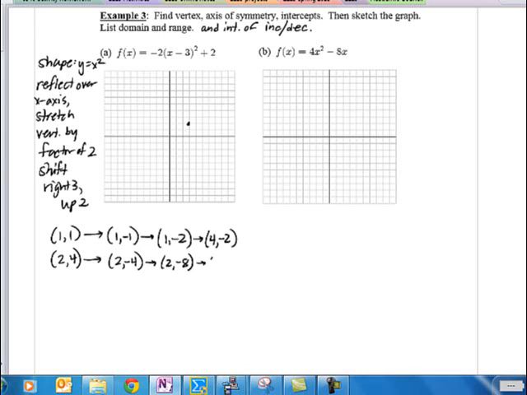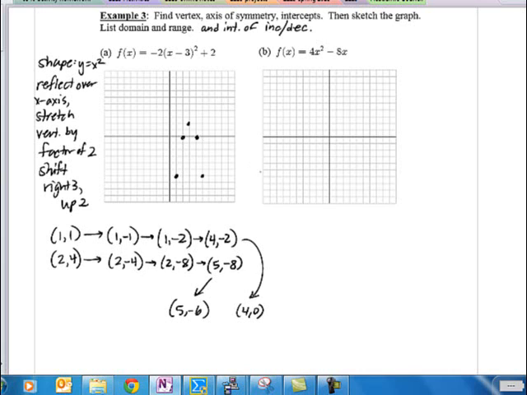And finally, if we go up 2, the y's are increased by 2. So we have 4, 0, and 5, negative 6. And then we can use symmetry on the other side. We'd have 2, 0, and 1, negative 6 also.